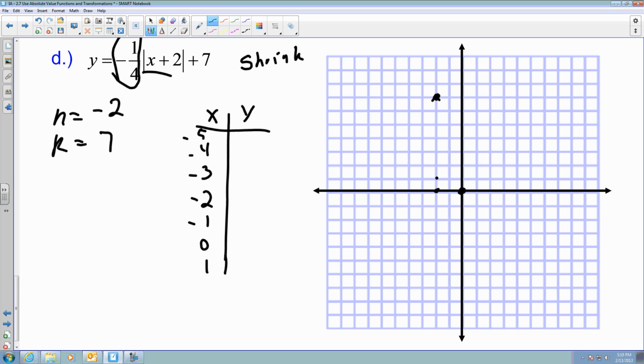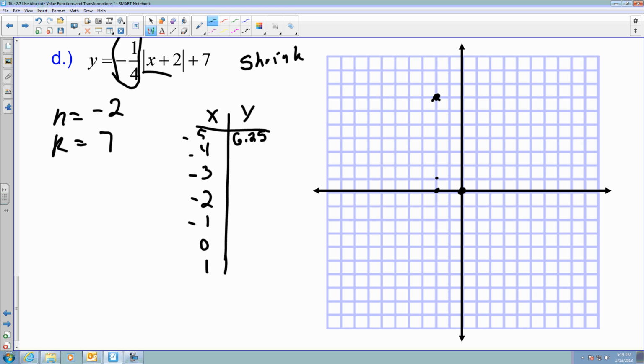Okay? So if my x is -5, so -5 plus 2 will give me a -3. Absolute value of -3 is 3. Now if I multiply that by a -1/4, that gives me a -3/4. I add that to 7, that gives me positive 6.25, or 6 1/4.